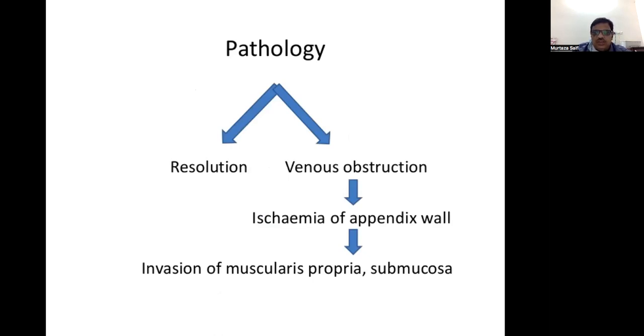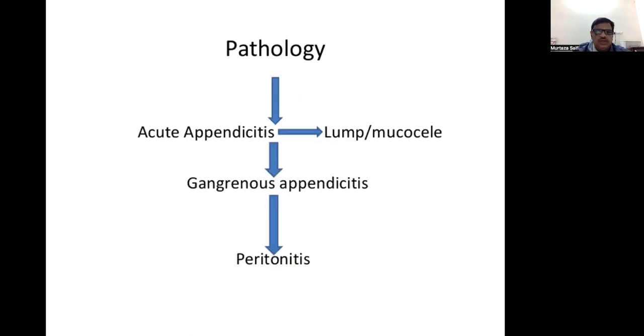Venous obstruction causes ischemia of appendix wall. Ischemia of appendix wall causes invasion of muscularis propria and submucosa, causing acute appendicitis. It may convert into a lump or mucocele, or it may be gangrenous appendicitis, which causes peritonitis. So this is the pathology of appendicitis. It's very important. Everybody must know pathology of appendicitis.